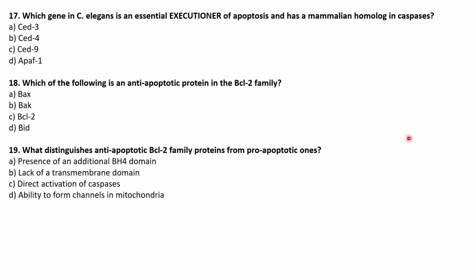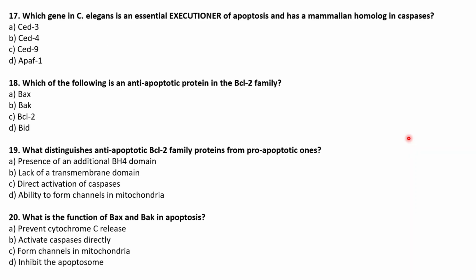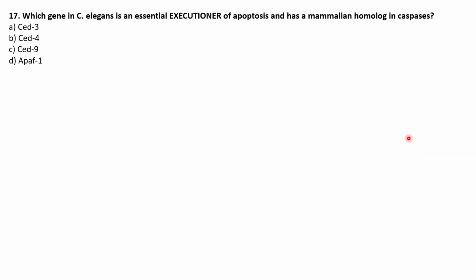I think, oh my god, I have a lot of questions. Okay. So, which gene in C. elegans is an essential executioner of apoptosis and has a mammalian homologue in caspases?